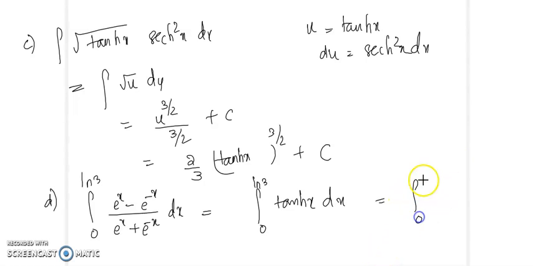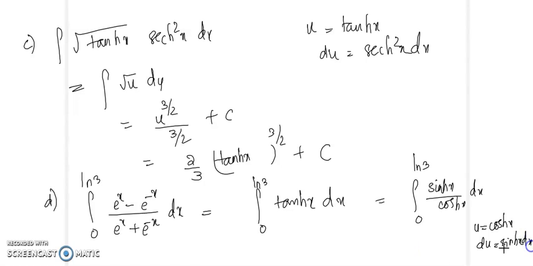So you can write it as the integral from 0 to ln 3 of sinh x by cosh x dx. So put u equal to cosh x. So du will be sinh x dx.